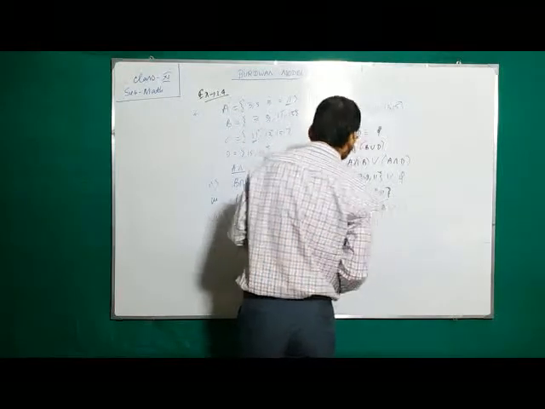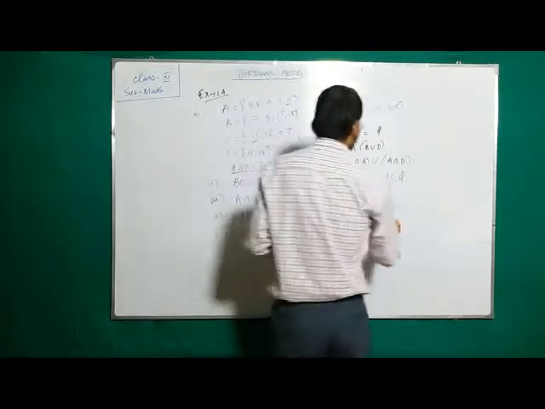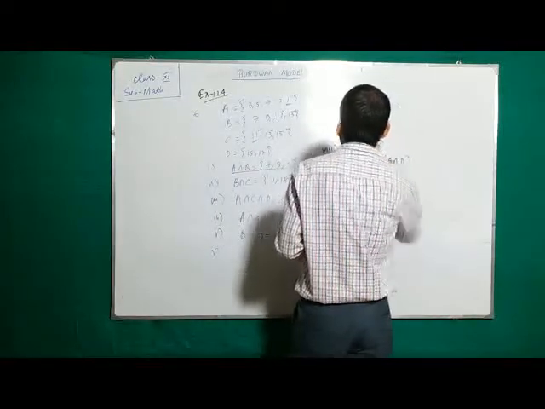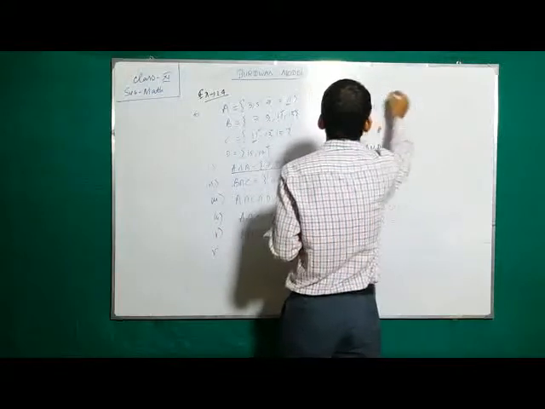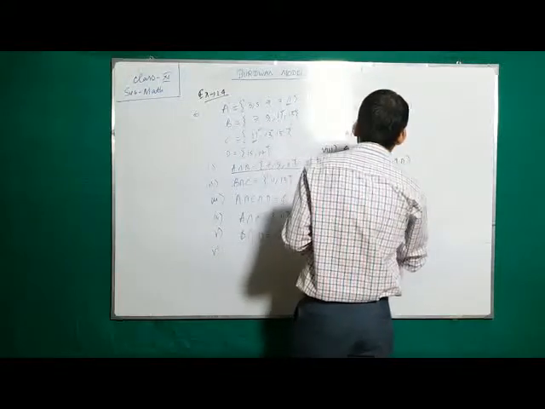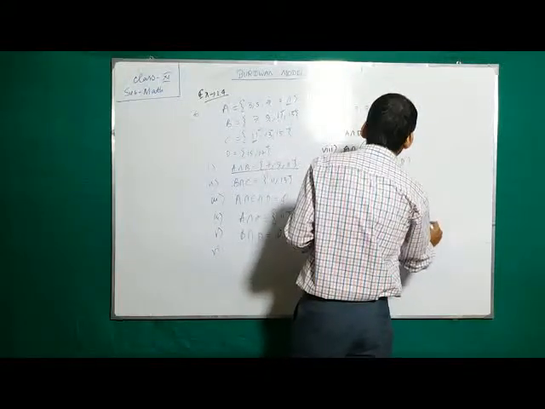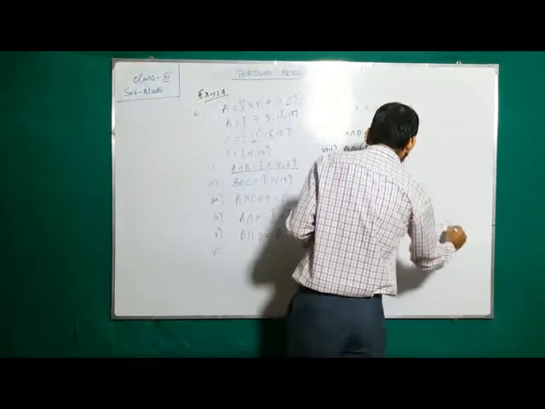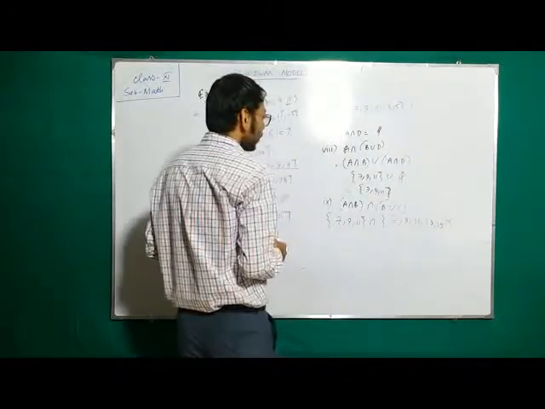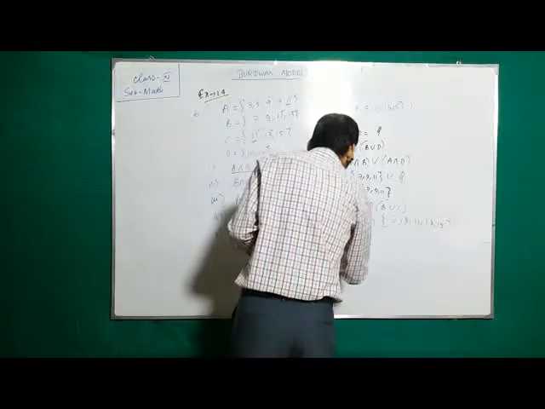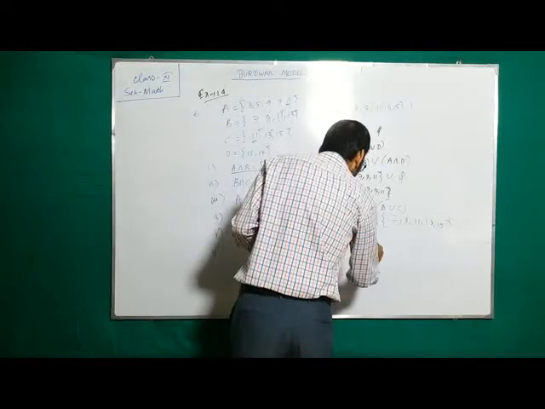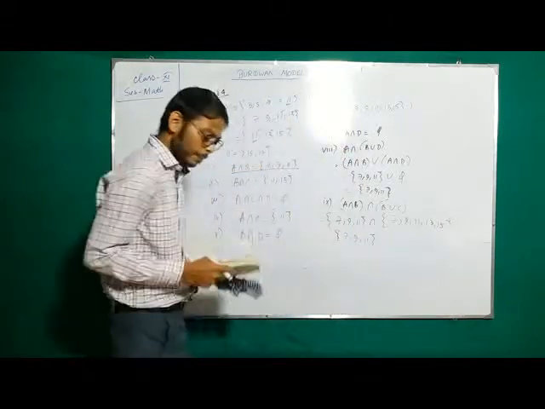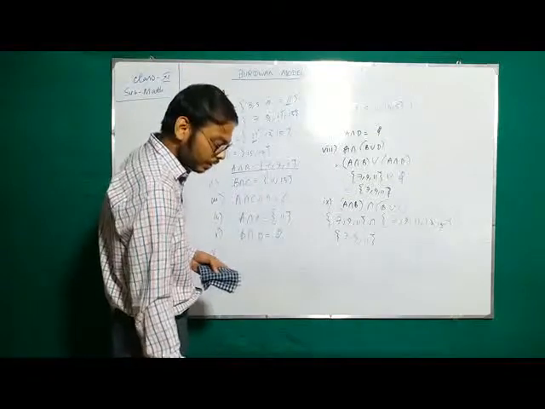B union C is 7, 9, 11, 13 and 15. So intersection means the common elements. The common elements are 7, 9 and 11.